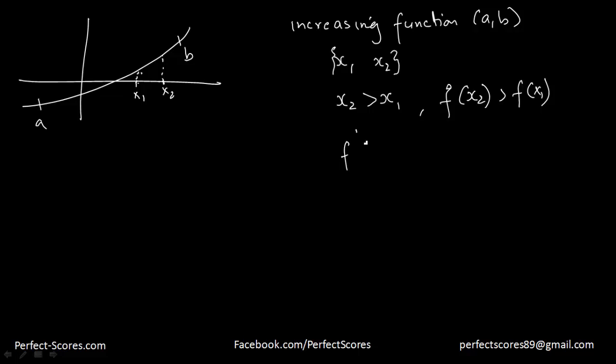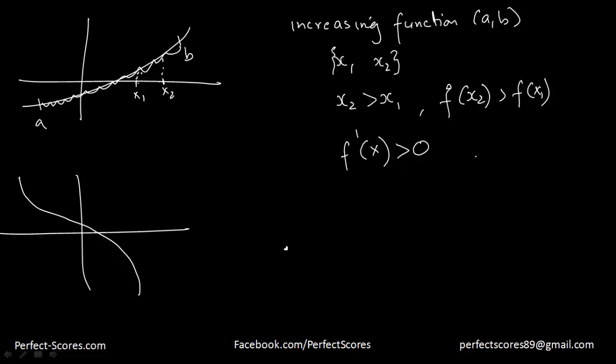That means the gradient of f at any value x here is going to be greater than 0. And if I have a decreasing function, then the gradient over here is going to be less than 0.